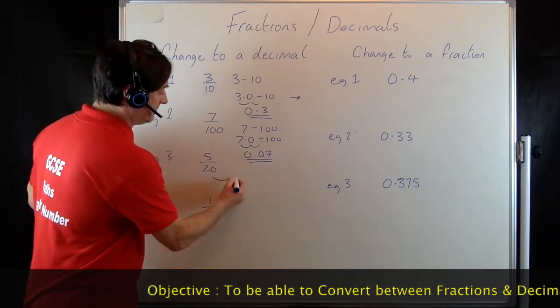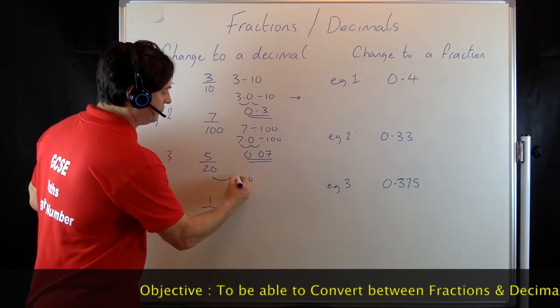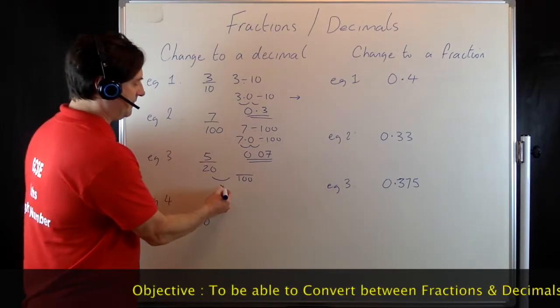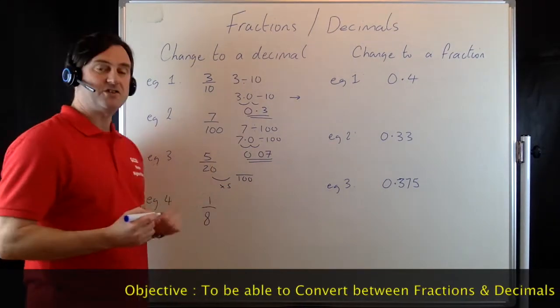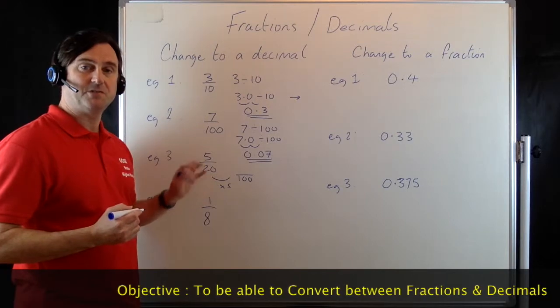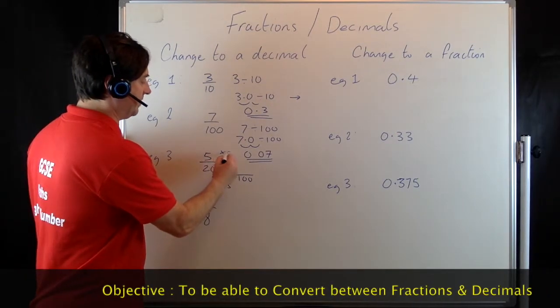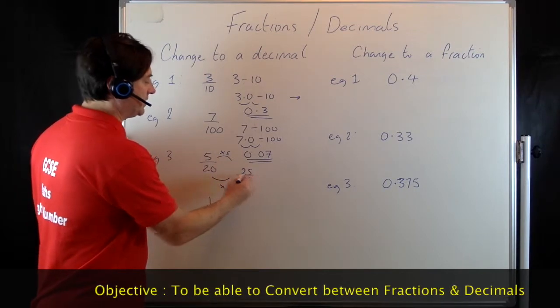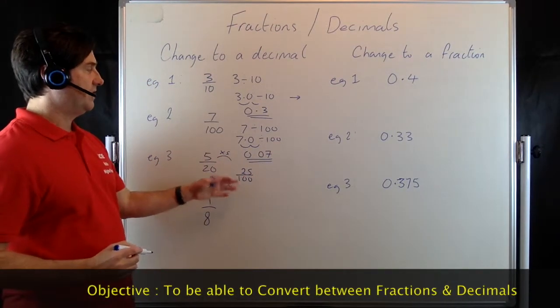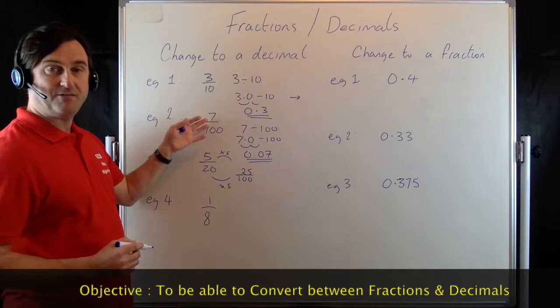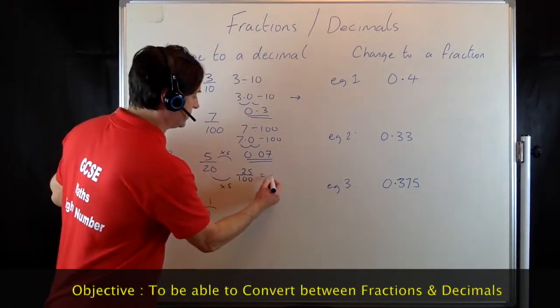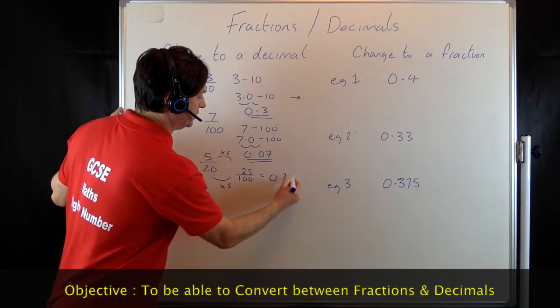So what I'm going to do is make this 20 into 100 by timesing it by 5. Now to keep this fraction equivalent, if I times the bottom, the denominator, by 5, I must multiply the numerator by 5 as well. So I get 25 over 100, and using the method I had above on this one, that's going to give us 0.25.